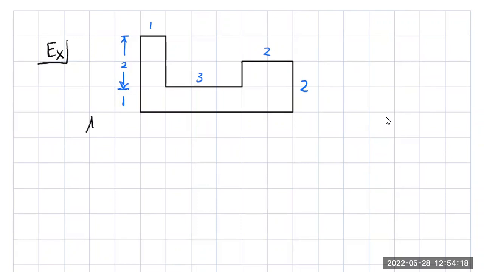Just bear with me here. I'm going to use blue for this now, so I can see it a little bit better on my XY coordinate system.